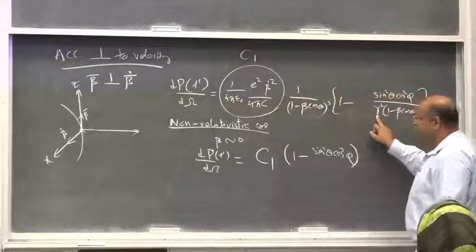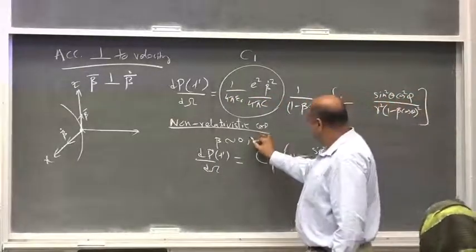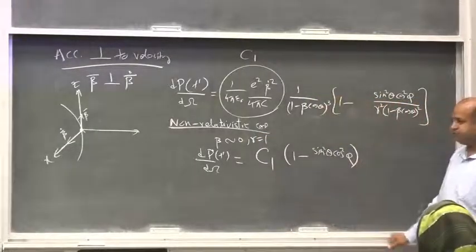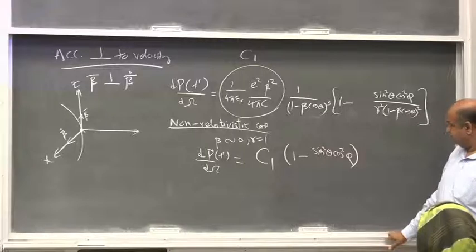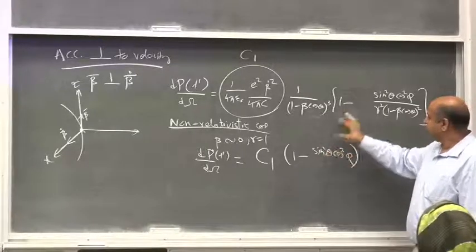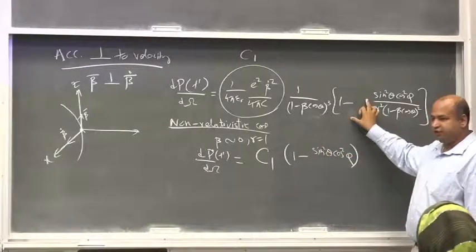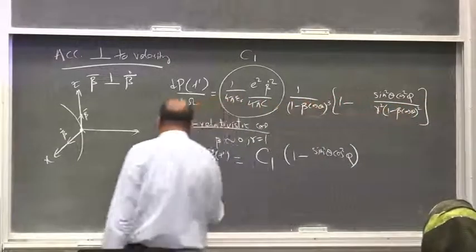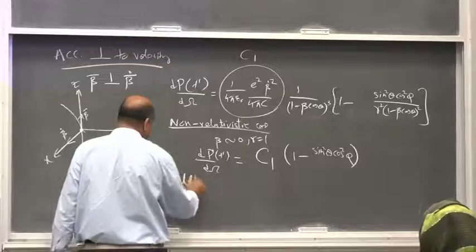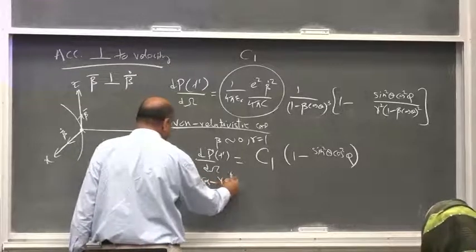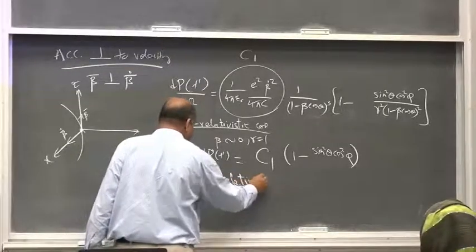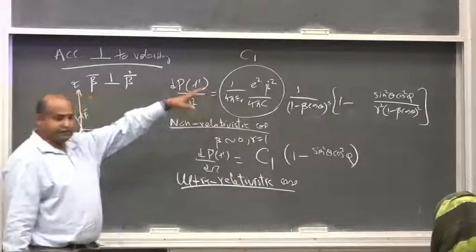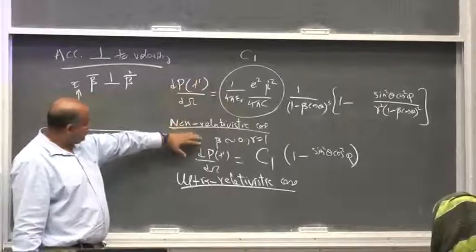This gamma would be roughly 1. So we have this as a pattern. And for a general case, the pattern is like this. And let me also work out what we usually call ultra-relativistic case. So in general, that's the pattern. For small beta, this is the pattern.